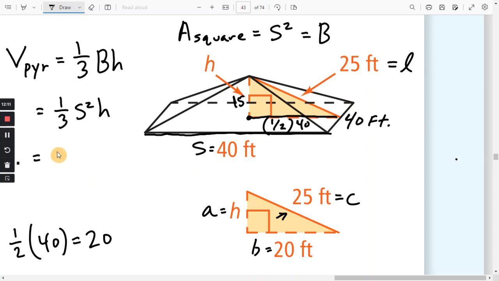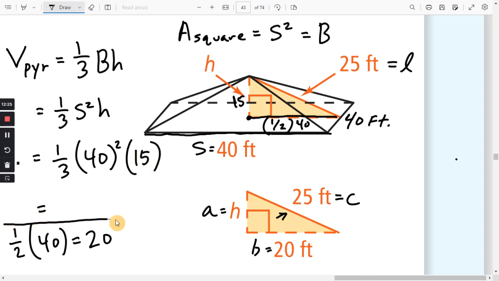So that's going to be 1/3. S squared is going to be 40 squared. And the height we calculated to be 15. Okay, so I'm going to do 40 squared times 15, and then divide by 3 at the end. 40 squared times 15 divided by 3, and I get 8,000.